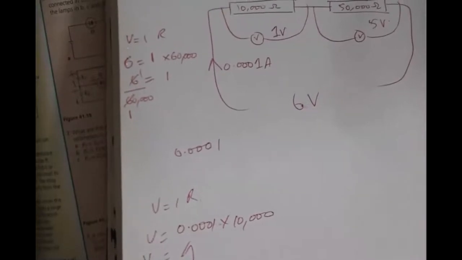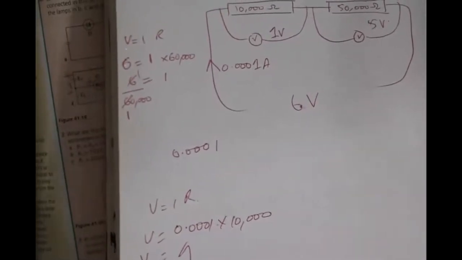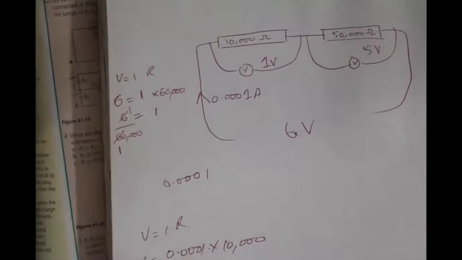Okay, so it's the same method, but you will just change the values, right? Yes, this time it's 10,000 and 50,000, but the rest of the working is the same. Yes, Abdul Rahman. Can you explain one in parallel circuit?